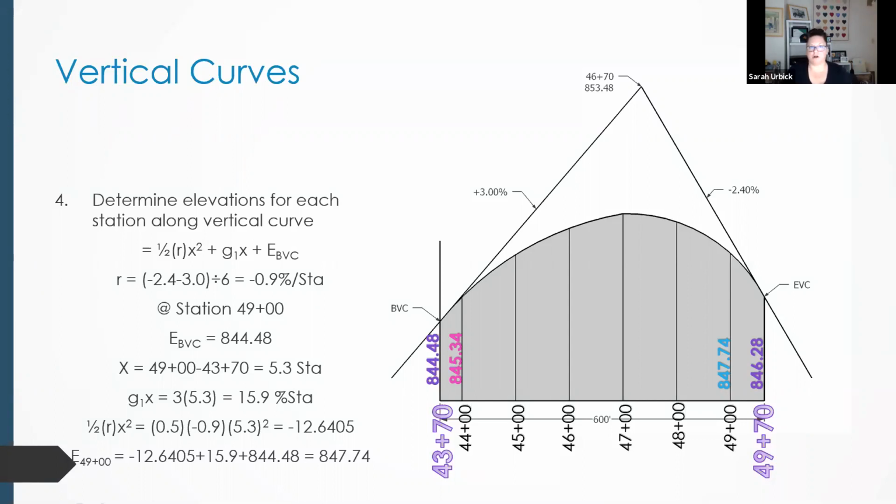Then 1/2 R X squared: 0.5, negative 0.9, 5.3 squared, gives us negative 12.64. Plugging that back into our original formula, negative 12.64 plus 15.9 plus 844.48 gives us 847.74.